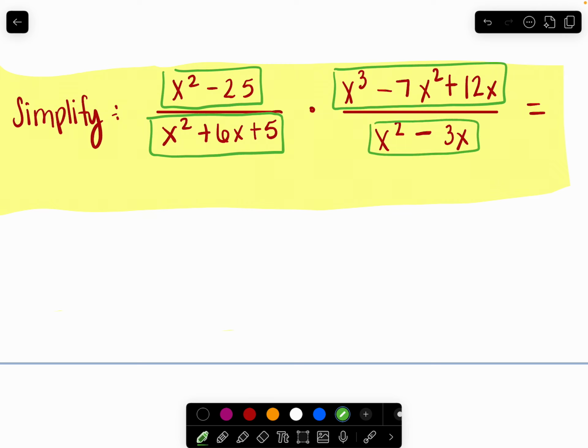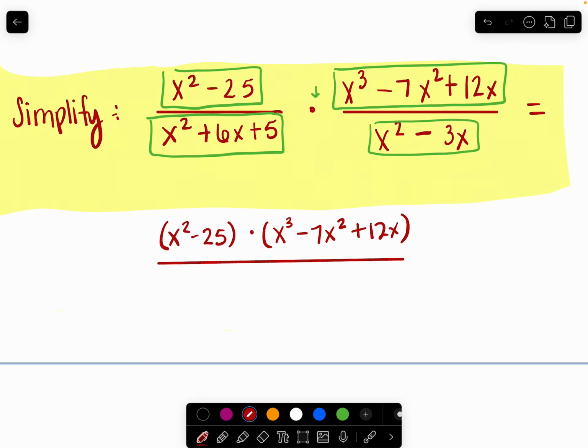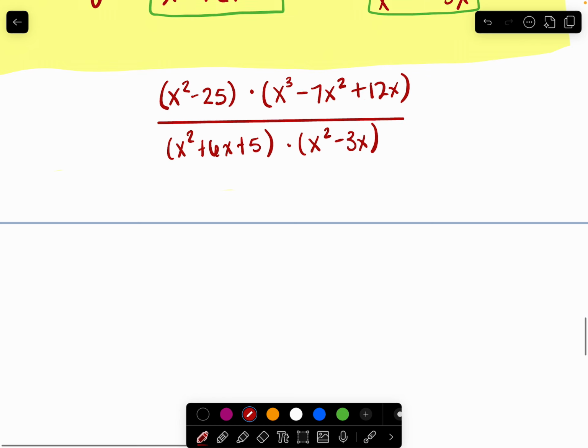Okay, so here, since it's multiplication, we are going to multiply x squared minus 25, since there's a box means parentheses, times x cubed minus 7x squared plus 12x over x squared plus 6x plus 5 times x squared minus 3x. Okay, so let's do this one by one.